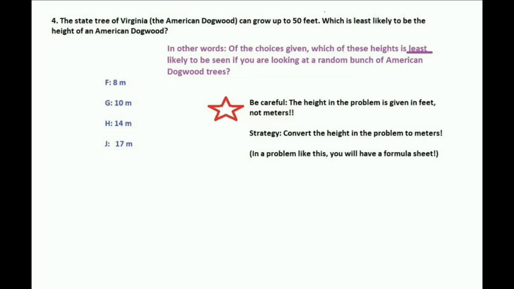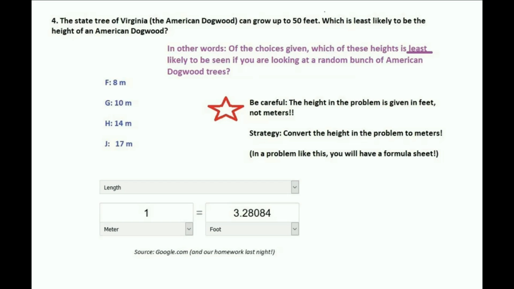Your strategy here is to convert the height in the problem to meters, and in a problem like this they will have to give you a formula sheet, so there's going to be some kind of conversion factor. I looked this up on Google, and Google knows everything, and so 1 meter is 3.28084 feet, and we figured this out from our homework last night.